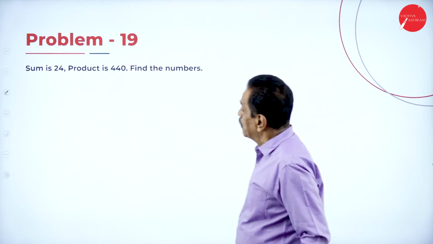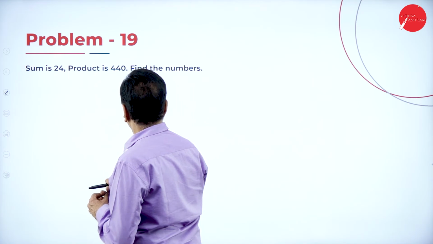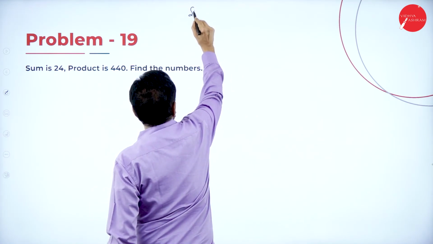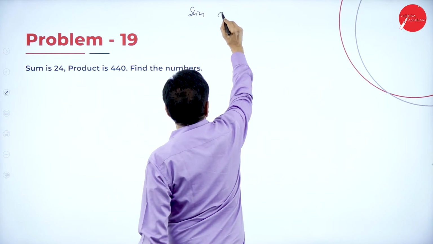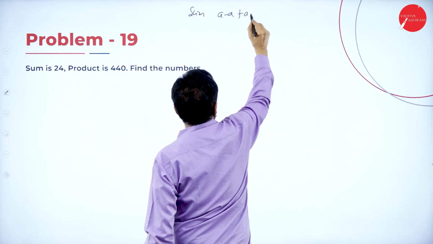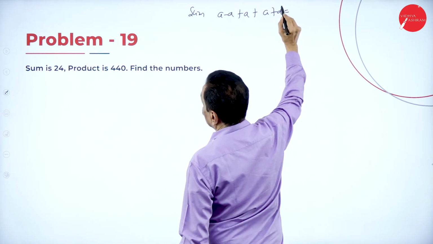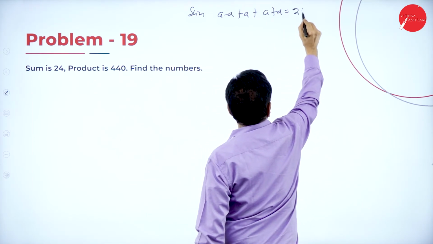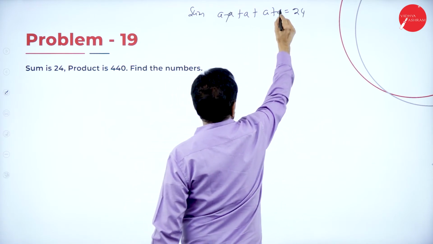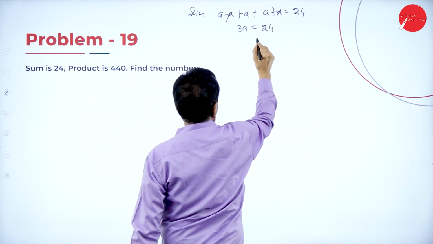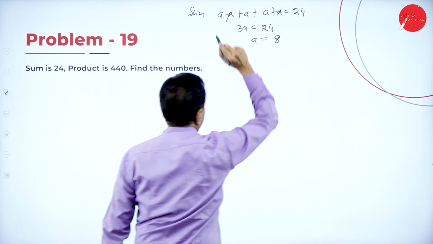Now, sum is 24, product is 440. Sum: A minus D plus A plus A plus D is equal to 24. D cancelled out. 3A is equal to 24, A is equal to 8.